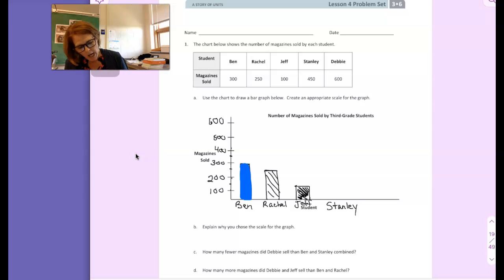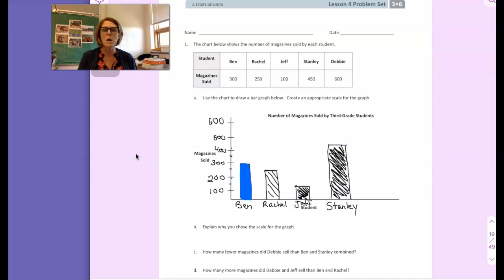Stanley sold 450, so I'm going to come up here, kind of eyeball where 450 would be, and come across. And of course, it's not going to be perfect, but we can get pretty close. Shade that in. Again, you can use different colors if you want to. Make it pretty, make it the colors of the rainbow.